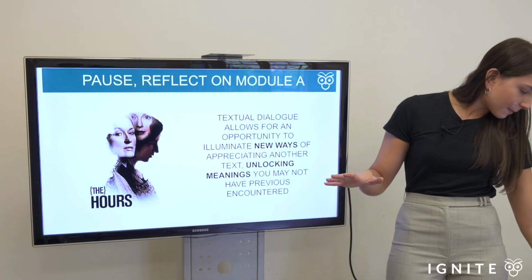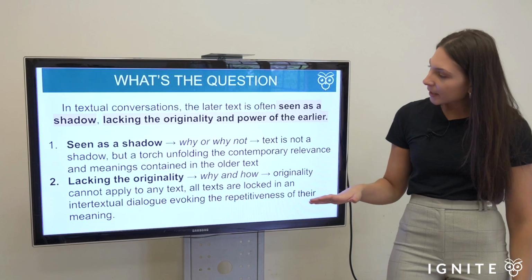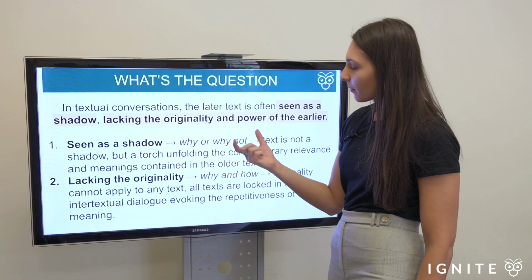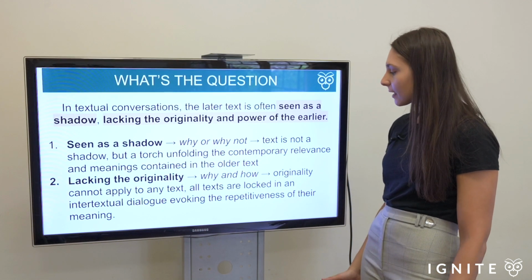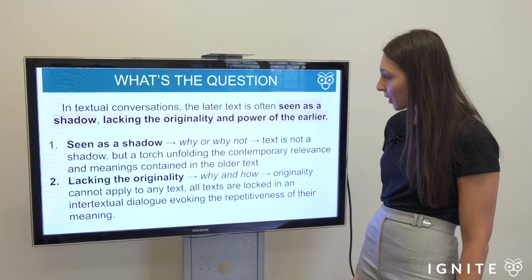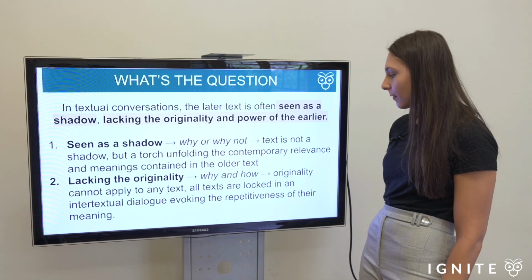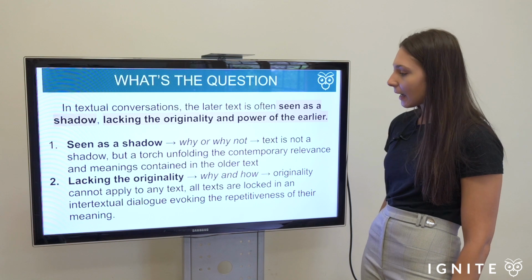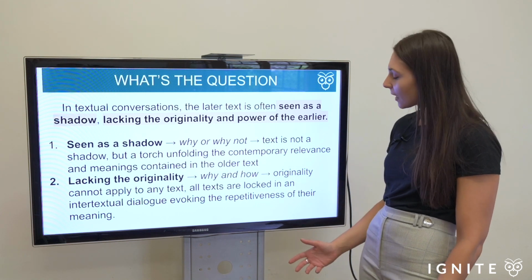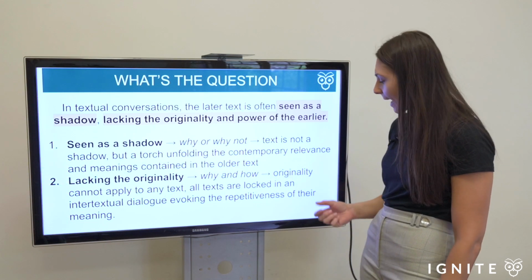So, having said that, let's look at the primary key terms. So, seen as a shadow, I think the micro questions worth applying there are why or why not. And I think here that we should note, the text is not a shadow, but a torch unfolding the contemporary relevance and meanings contained in the older text. And in terms of lacking originality, again, you can ask yourself why and how.